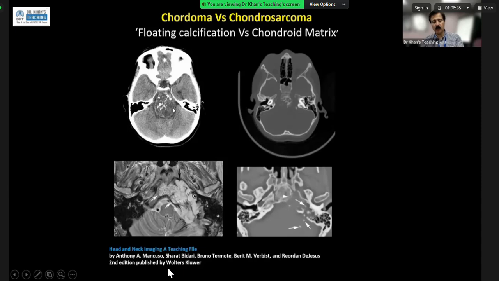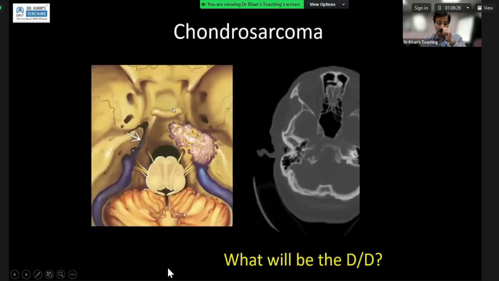So coming back, what we are discussing is to develop the art of differential diagnosis. In this case, this was a chondrosarcoma, of course, nobody can be absolutely specific. So you have to give the logic to the examiner. First of all, where the lesion is. And the lesion was partly involving the clivus and partly the petrous apex. And then develop the differential diagnosis.